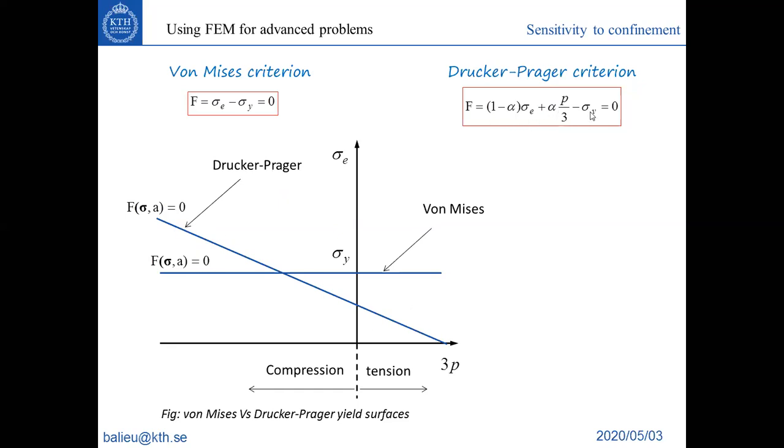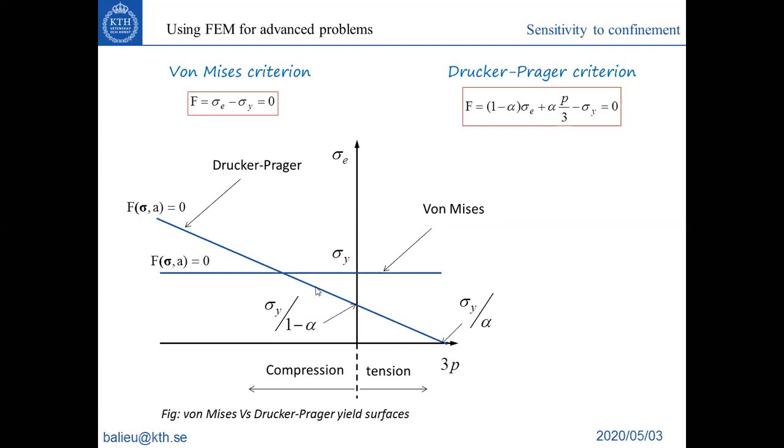If you look here into the mathematics, if you put alpha equal to 0, the hydrostatic pressure sensitivity disappears, and you get the same criterion as von Mises. So now you have a yield surface here which depends on the hydrostatic pressure. This is how to characterize the material parameter alpha.